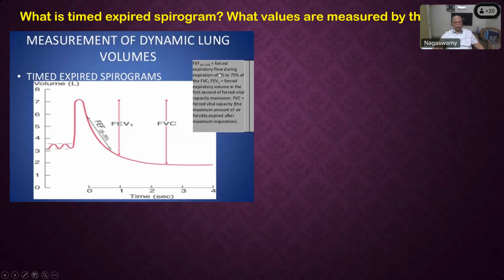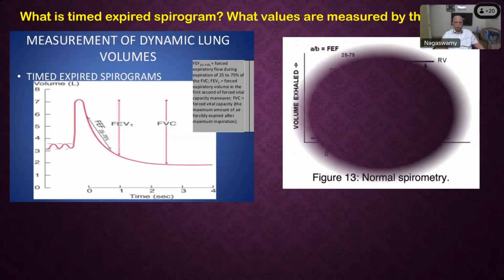The 25th to 75% of the forced vital capacity comes after the FEV1, and that maneuver is done mainly by the lung itself. However much you try, your muscles and your effort cannot expel that air. So this is independent of your effort. That is the reason it shows the importance of the obstruction at the medium airways.